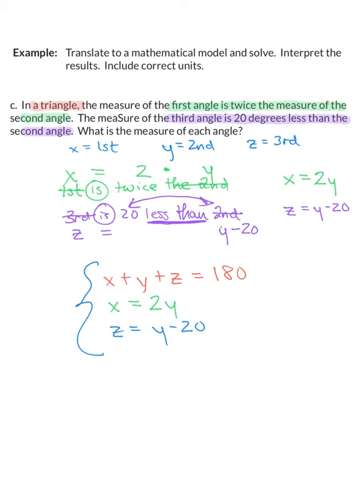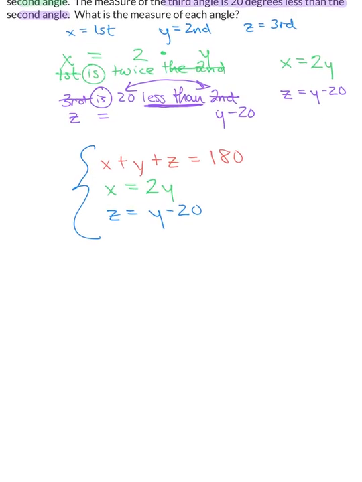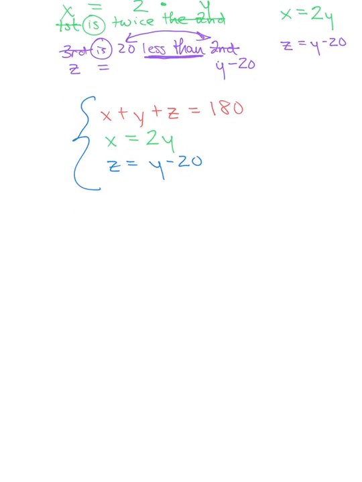All right, so now the next thing that we want to do is to solve the system. So this is using the substitution method. In order to solve the system, I'm going to take 2y and plug it in for x. I'm also going to take y minus 20 and plug it in for z into my triangle equation.